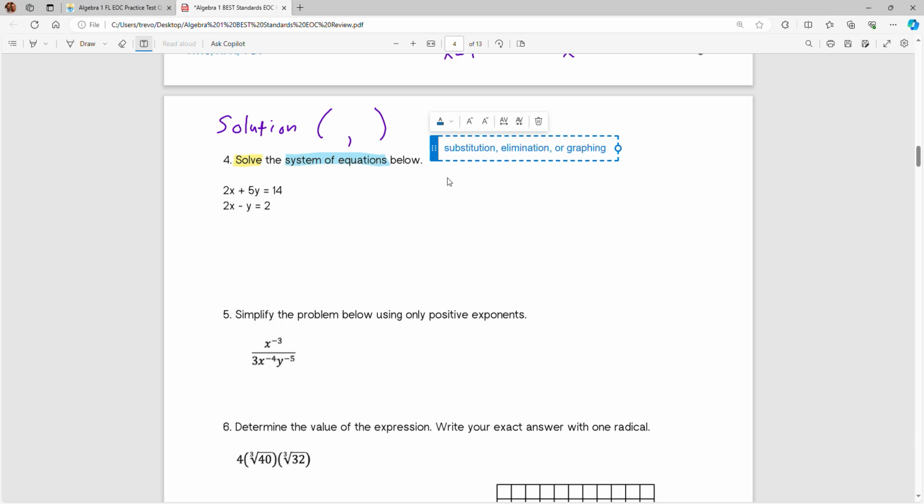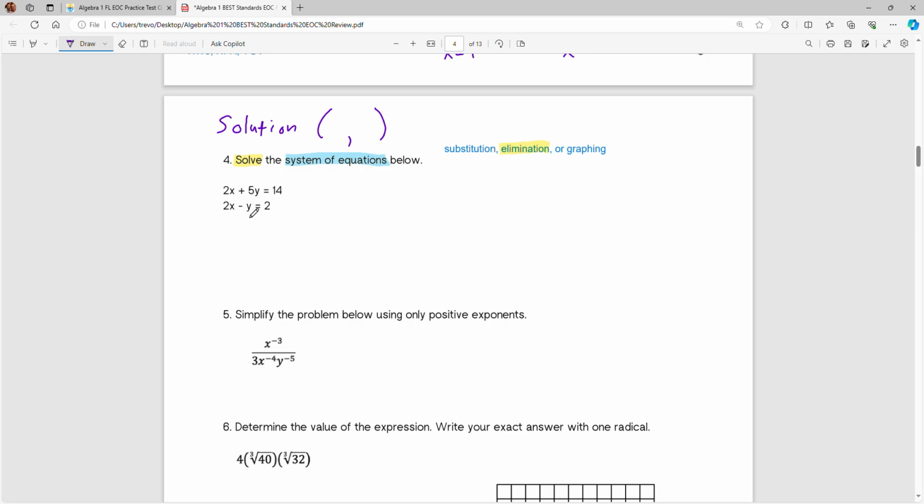If these were both in y equals mx plus b format, I might go for graphing first, but they gave us our 2 equations in standard form, which maybe makes it easier to find your x and y intercepts. But for me, I would choose elimination to solve this system of equations, just because those x variables have the same coefficient.